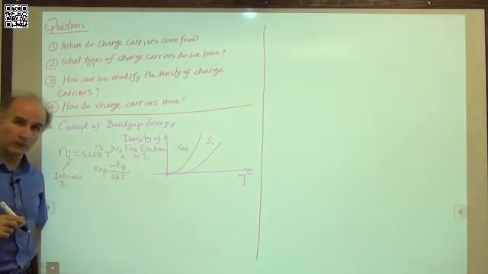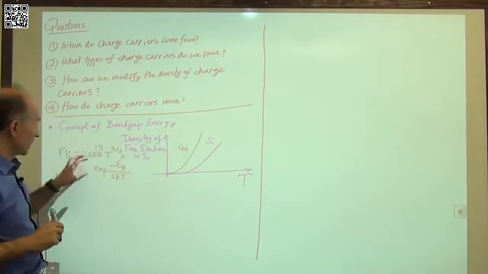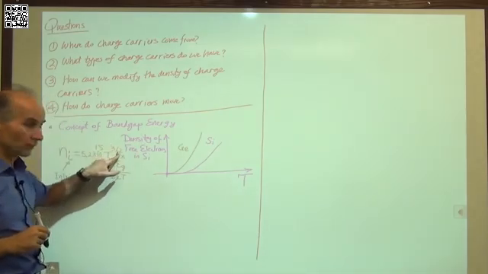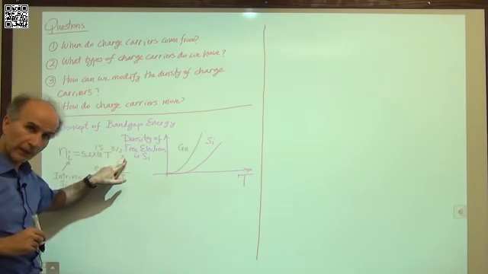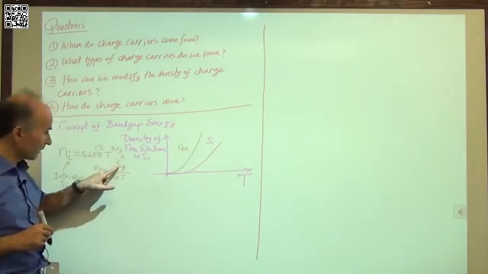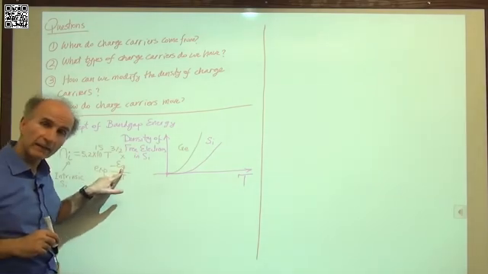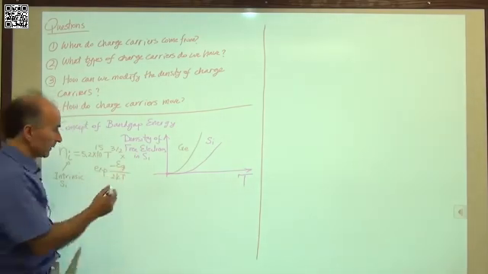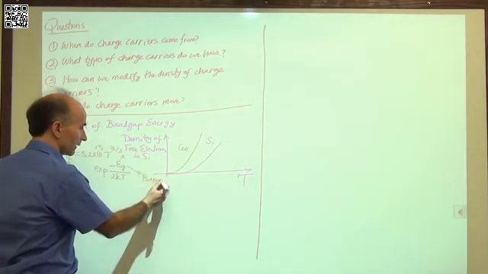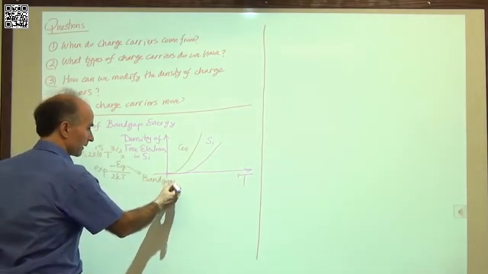All right, so let me walk you through these. We have some number times the absolute temperature to the power of 3/2 multiplied by this exponential. This exponential has something here which we call the band gap energy. So this is called the band gap energy.